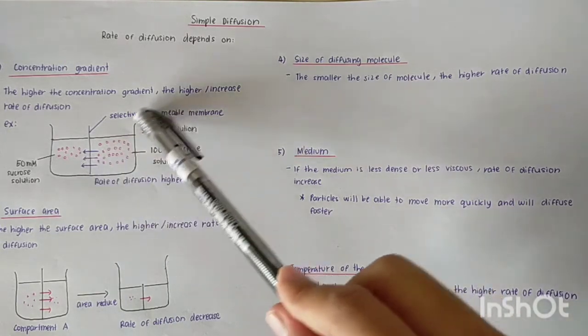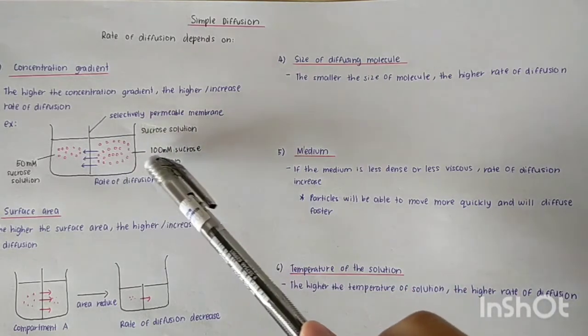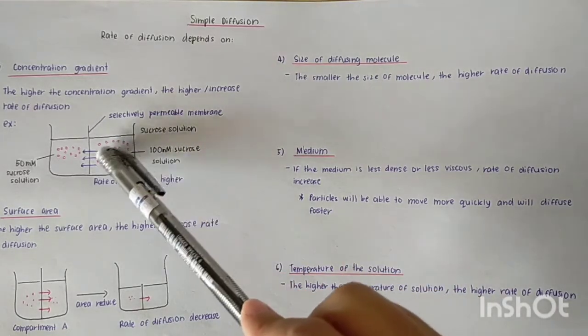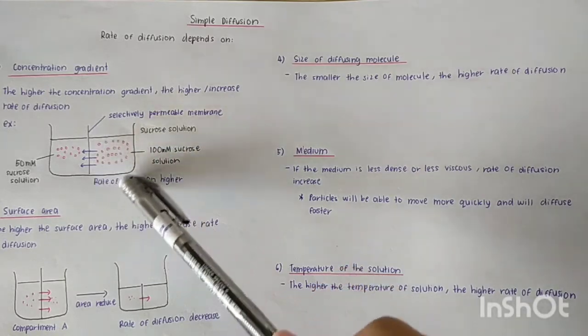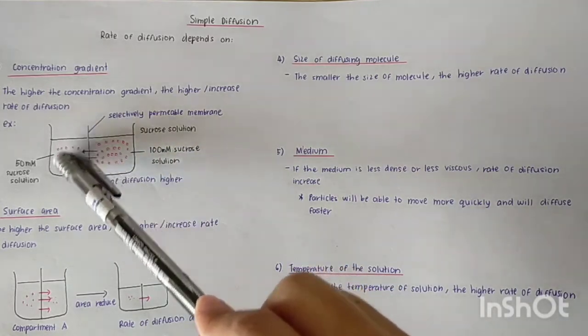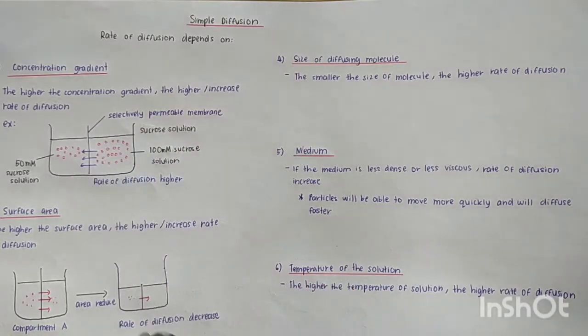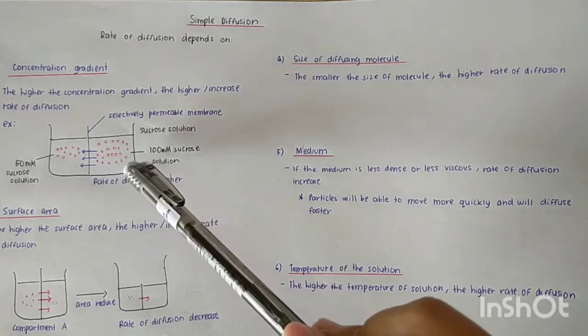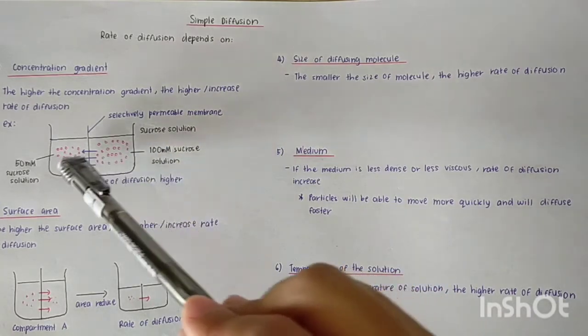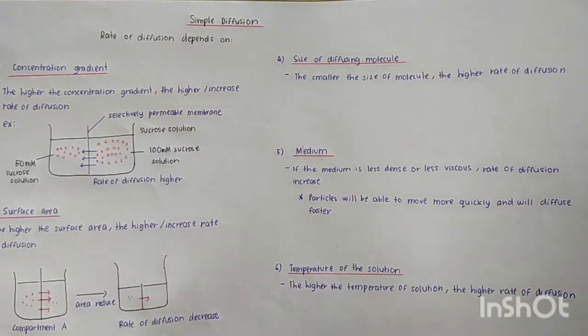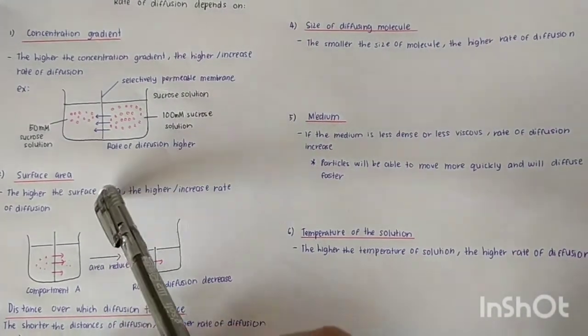So the sucrose solution here will move daripada compartment B to compartment A. Because of what? This substance will move from higher concentration to low concentration gradient.